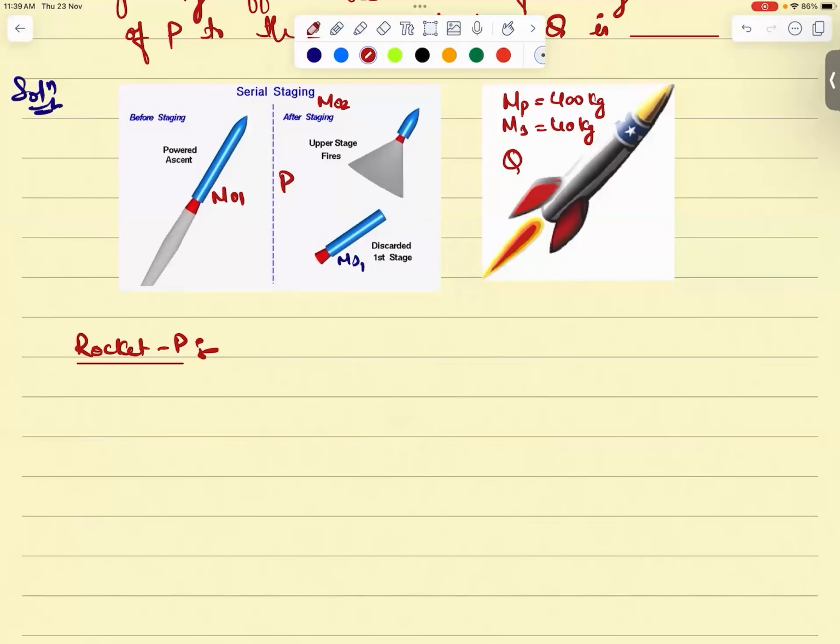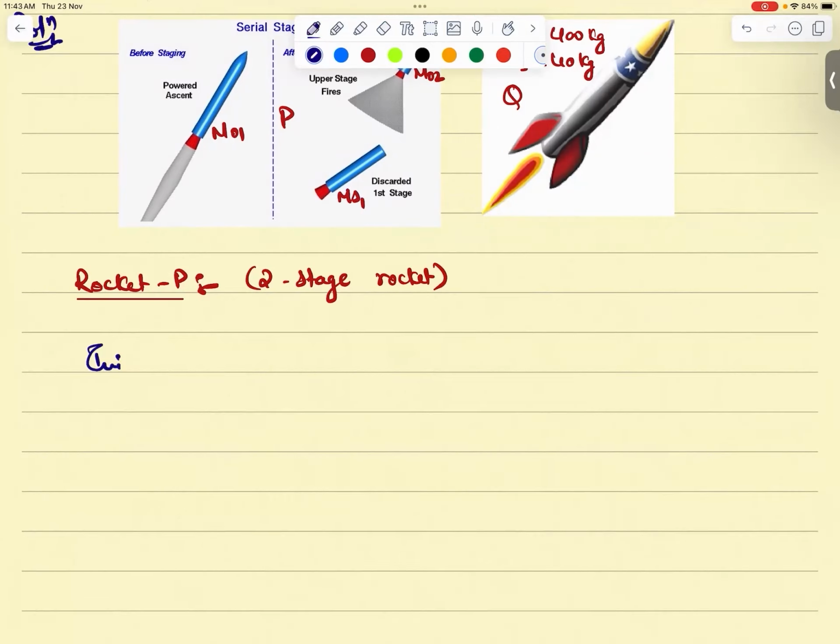After staging, the initial mass would be m02. The mass of the structure left out is ms1, which is discarded before igniting the second stage.